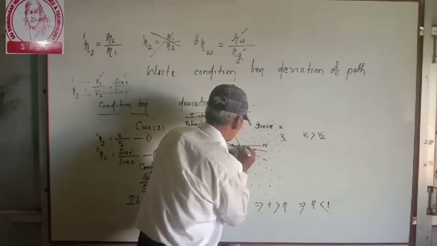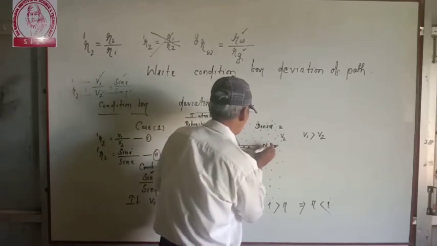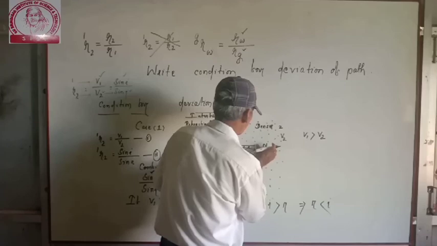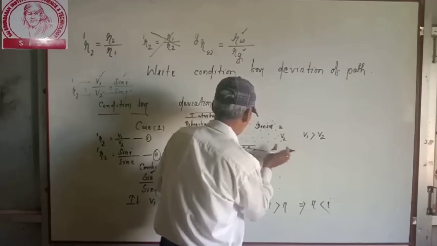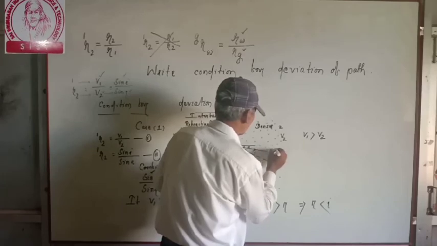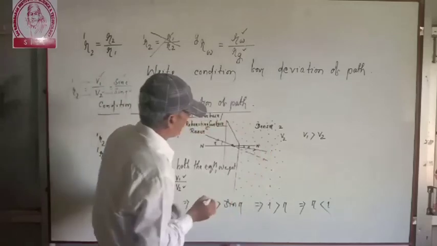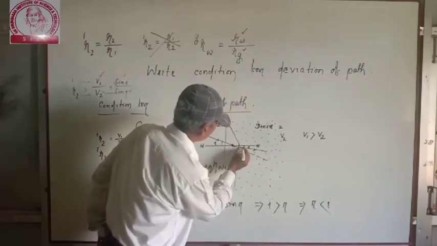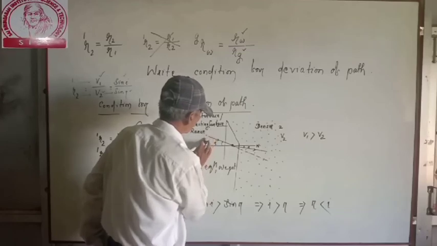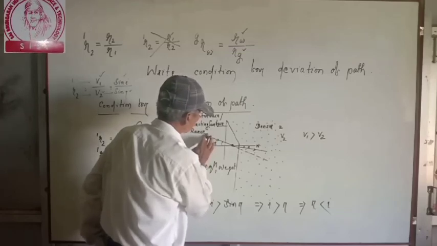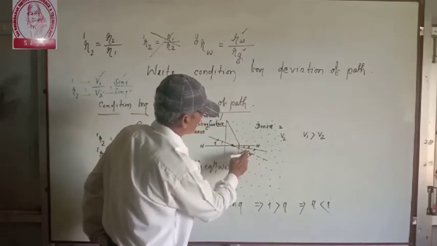So this is the angle of refraction. This is the normal. And this is the angle of refraction, this is the angle of incidence. And here, angle of incidence is greater than angle of refraction.